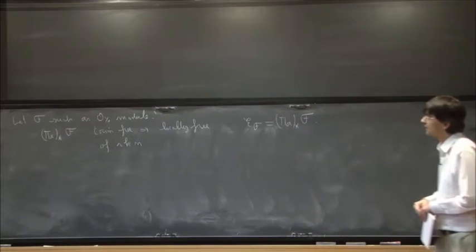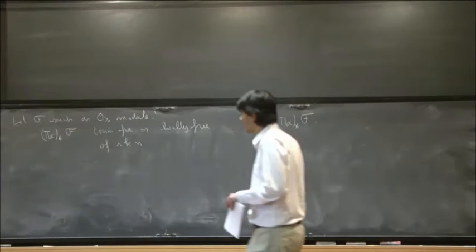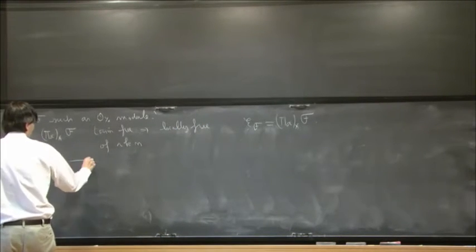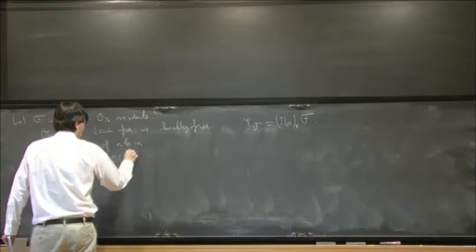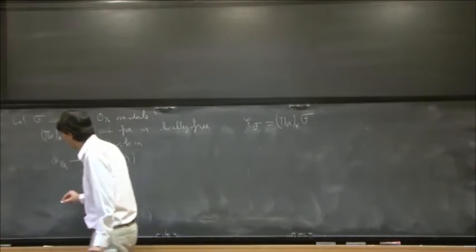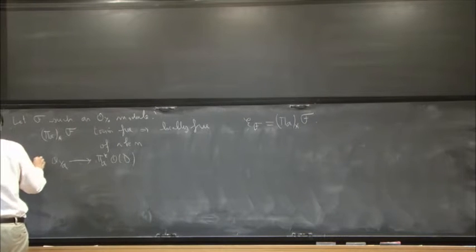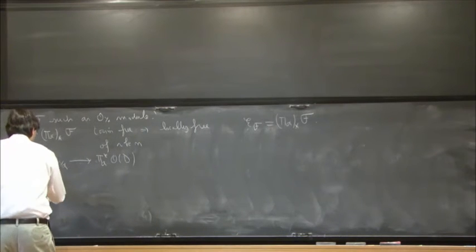So we have still to get a twisted endomorphism, but we have the universal section, which gives you a morphism from O_{Y_A} to the pullback of O(D).